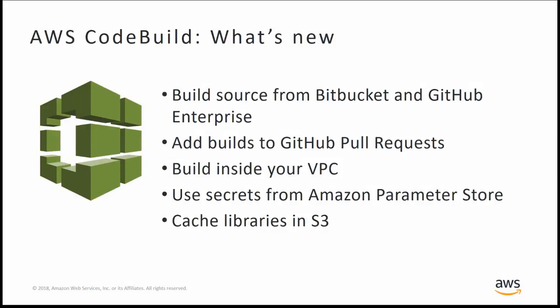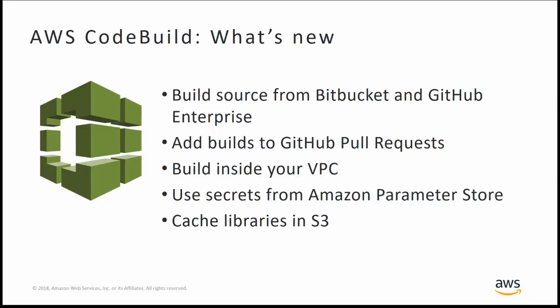Code Build launched a little bit over a year ago, and we've been pretty busy since then. So there's been a couple new features. One is that you can now build source from bitbucket.com and GitHub Enterprise, in addition to building from S3, from AWS CodeCommit, and from github.com.